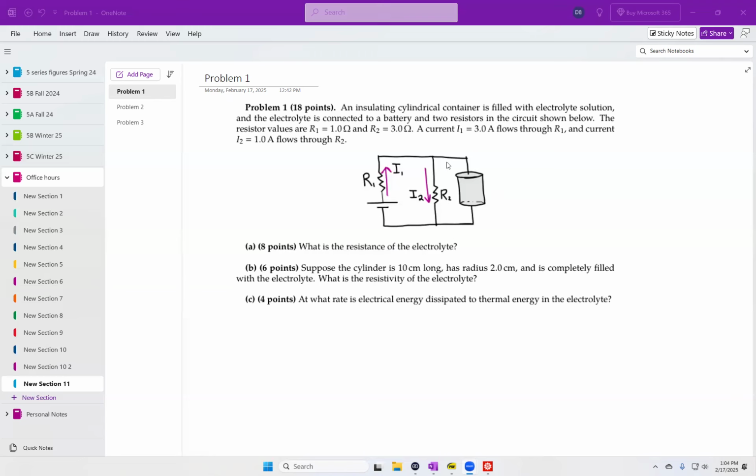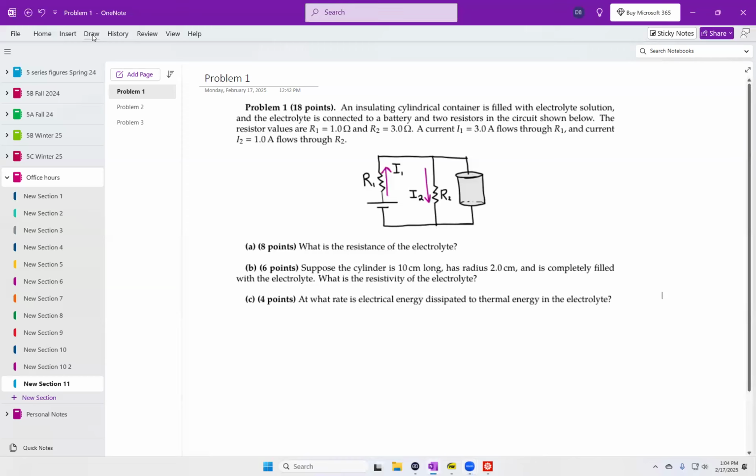Okay, so the strategy here is, if I'm given these two currents, as long as I have two of the currents in the circuit, I can find the third one using the junction rule. Once I know what the current through this resistor is, I also know the voltage across this resistor because I know the voltage across R2. And R2 and the cylinder are in parallel with each other.